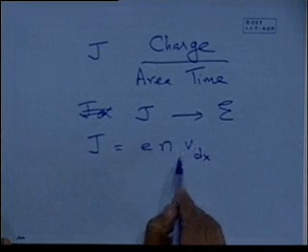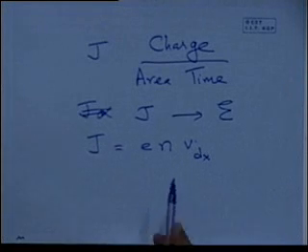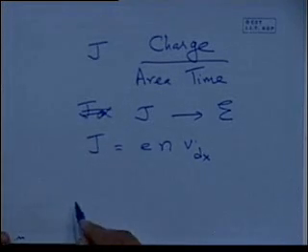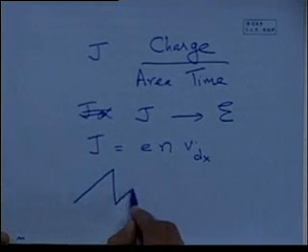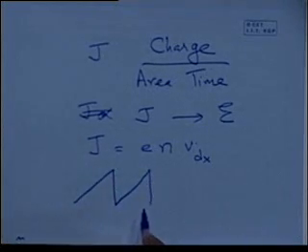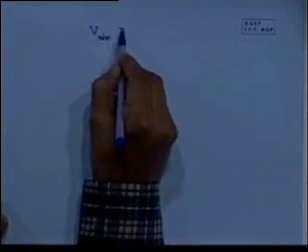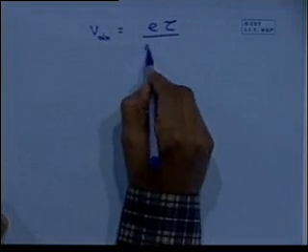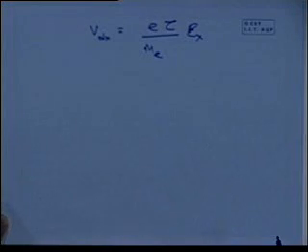So we wanted to find the relationship between this drift velocity and the applied field. And having looked through a mechanism whereby the electron would start with some velocity, accelerate, and then get scattered, we ended up relating V to Ex as V dx equal to E tau by ME times Ex, the applied field, right?